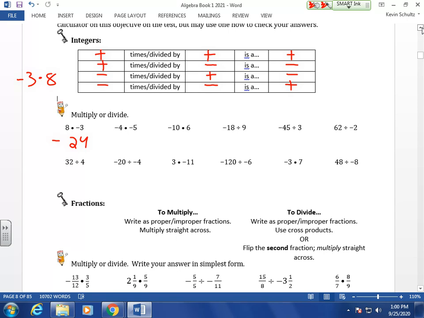You can almost just ignore these signs, they'll cancel out anyway, and it becomes 120 divided by 6, which is 20. Okay? So, as long as you know your sign rules and follow the sign rules, then you should be okay.